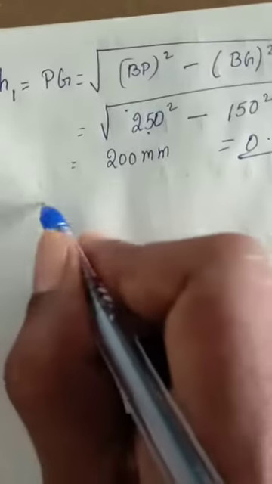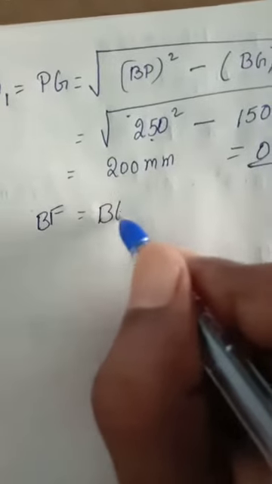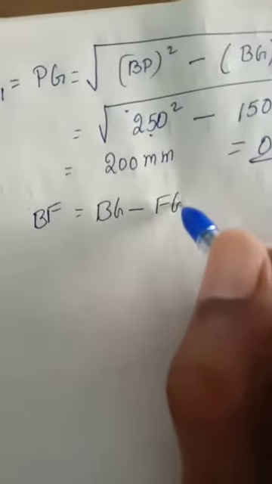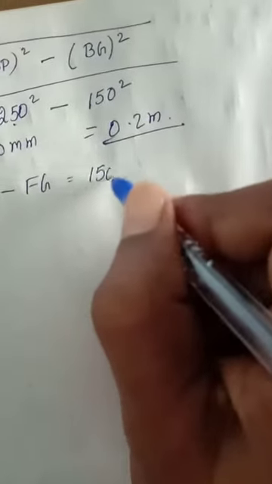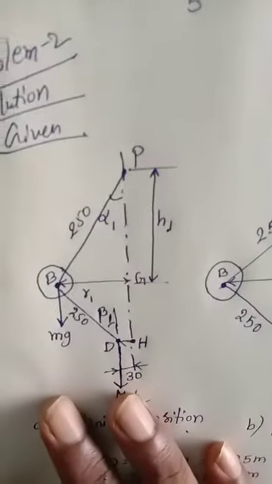Okay, you can also work directly with the betas, no problem. And now BF is equal to BG minus FG, that comes from 150 minus 30, which is equal to 120 mm. So this is coming to the point BF.